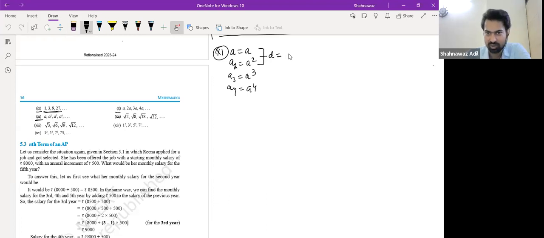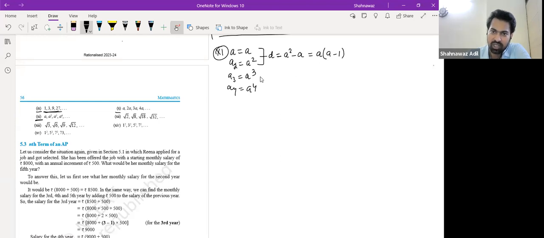A2 minus A would be the answer, right? A square minus A. We can take A common, so this is A times (A minus 1).